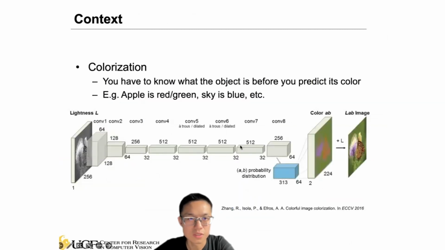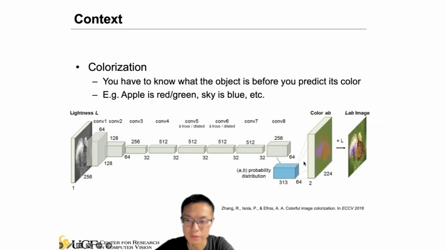The second approach using context is colorization. Basically, you have an input which is grayscale, without any color information, and the output will be a color image. The reason this method works is that we need to understand what the object is before predicting the color.